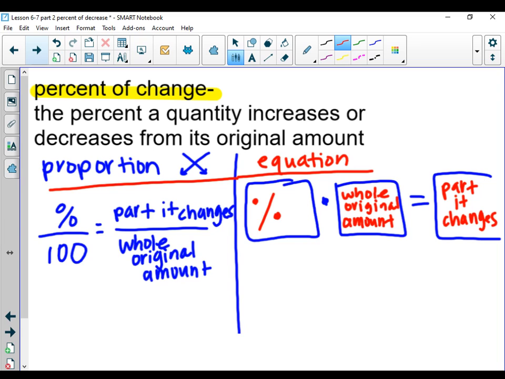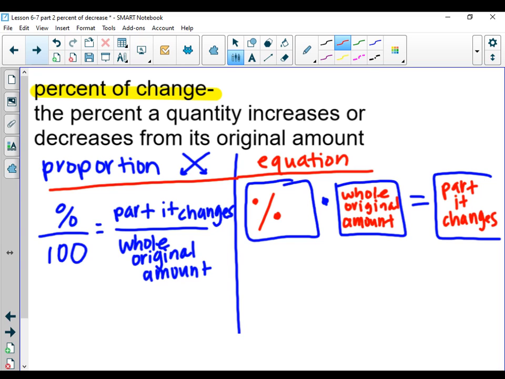So percent of change, the percent of quantity increases yesterday or decreases today from the original amount. So if yesterday you were saving money, today you are spending money. If yesterday I said we're growing the biggest pumpkin, we're trying to gain pumpkin weight, today our pumpkin would be on a diet.